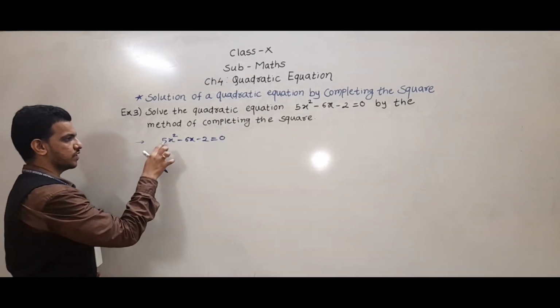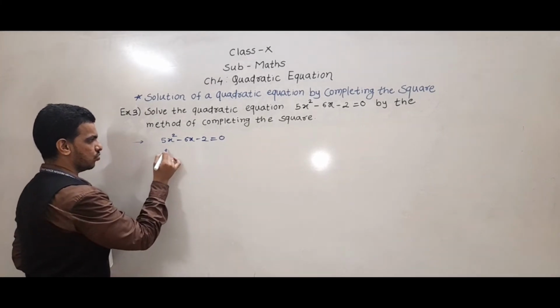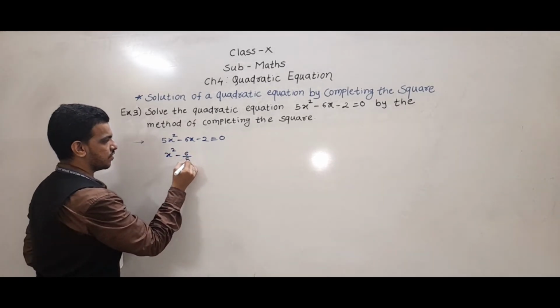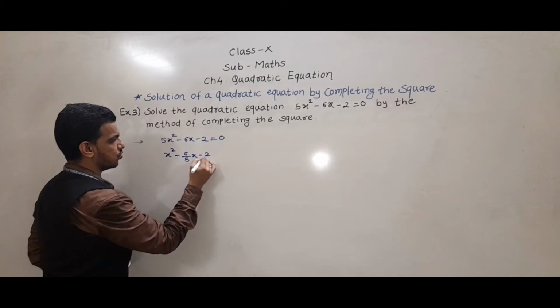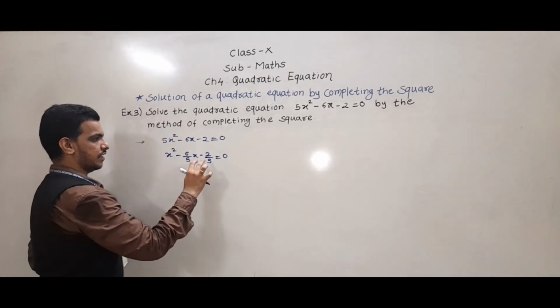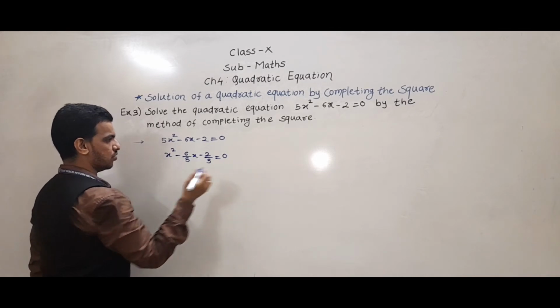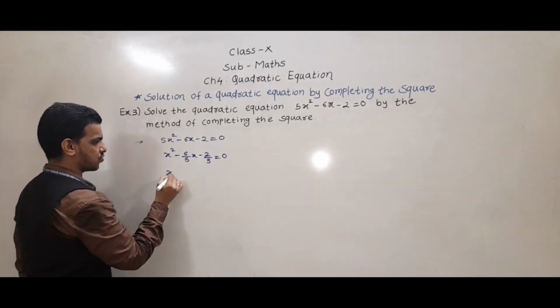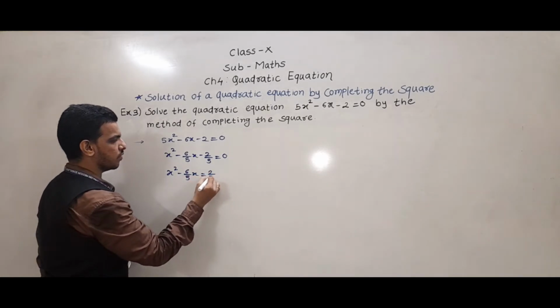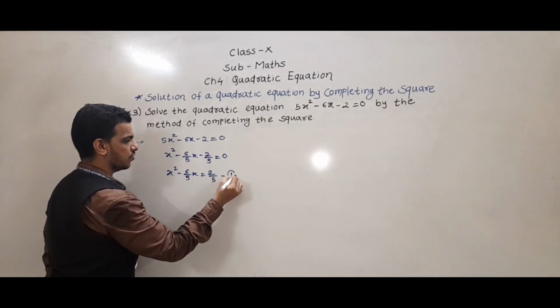Make the coefficient of x square unity, so divide by 5, so x square minus 6 by 5x minus 2 by 5 is equal to 0. Then shift the constant term to the RHS, so x square minus 6 by 5x is equal to 2 by 5. This is equation number 1.